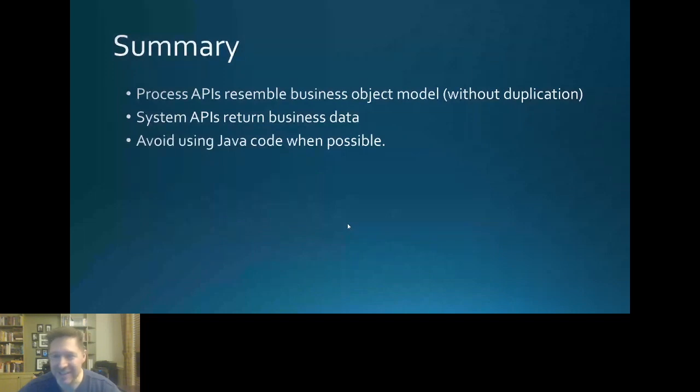So I had to put the brakes on it and say, look, guys, let's think about what we're trying to achieve with the process APIs and system API approach, which is going to take a little bit more time to implement, but will also yield you greater reusability. I actually asked them today to write a JIRA story about what reusability is going to look like for their organization. So it was very thought-provoking, causing some good churn.